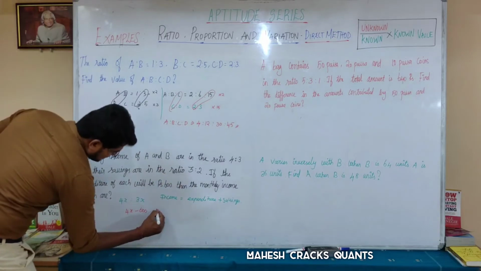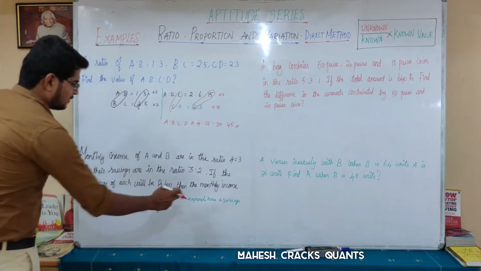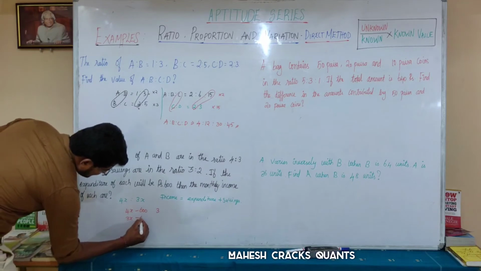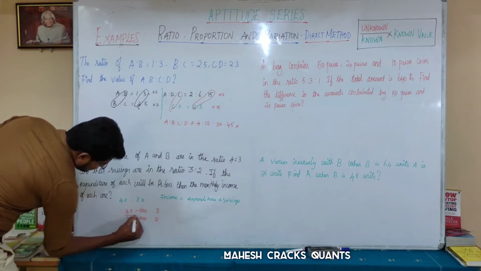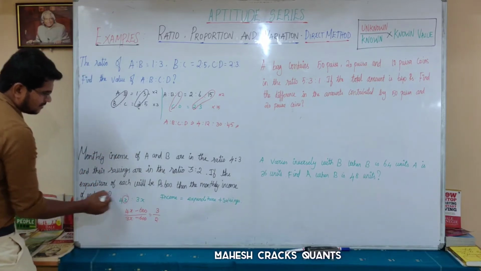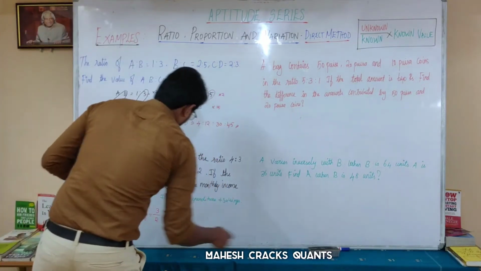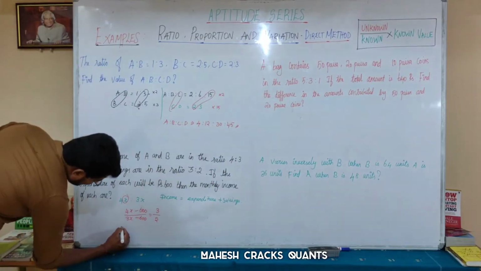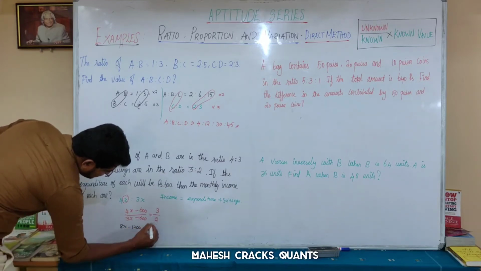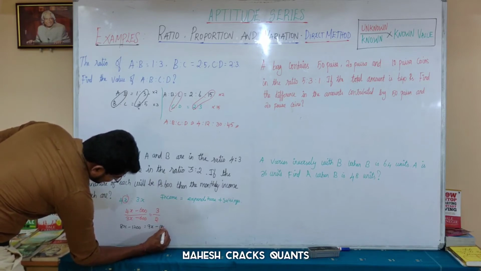Then the ratio becomes 3. A's ratio of savings is on the right side, equal to savings. So next, 3x minus 600 will be 2. Equating this, you will get the value of x. When you substitute the x value here, you will get the incomes of both of them. So cross multiply this, you will get 8x minus 1200 is equal to 9x minus 1800.